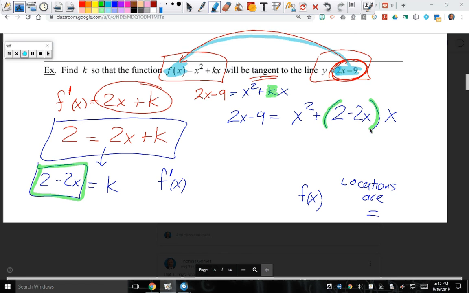Can someone tell me why I can do that? What have we talked about today that allows me to do that? It's like the constant multiple. Not the constant multiple. Good try, though. It wasn't the constant multiple rule. Matthew, what has been said today?